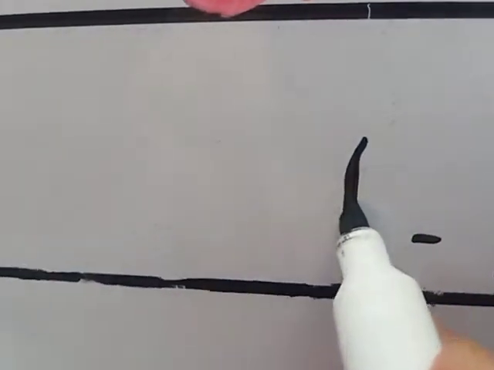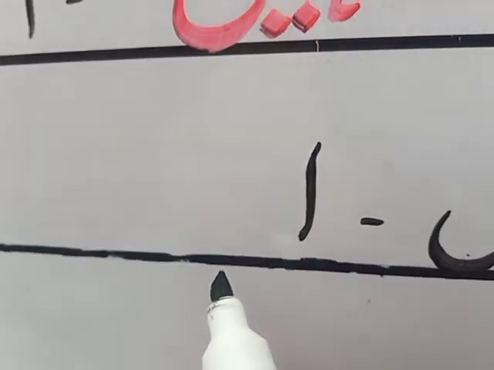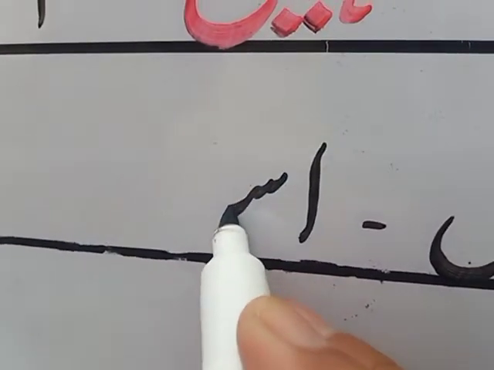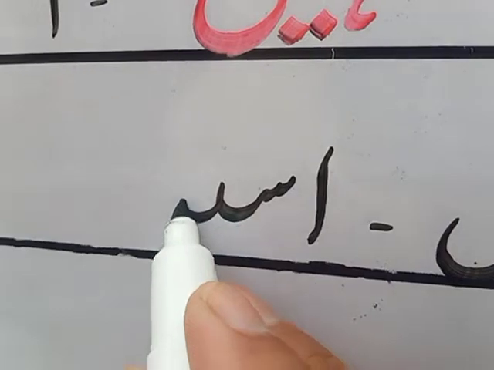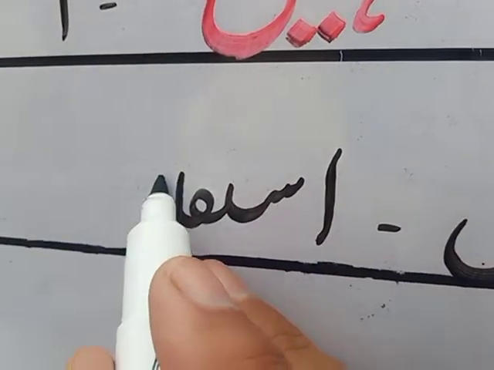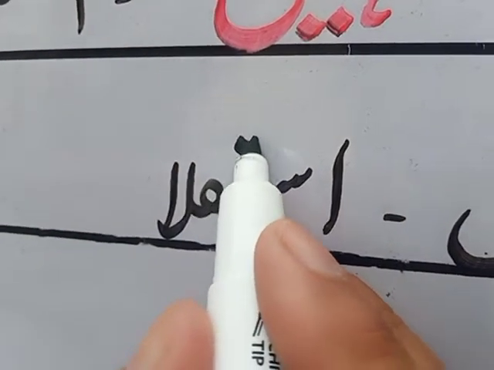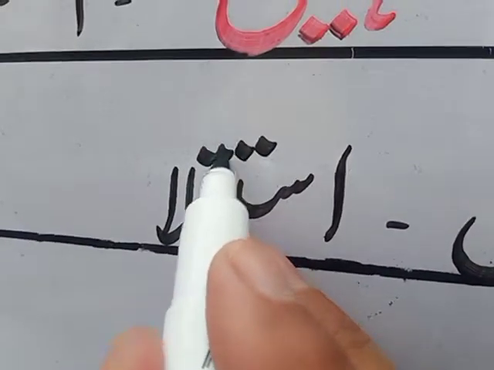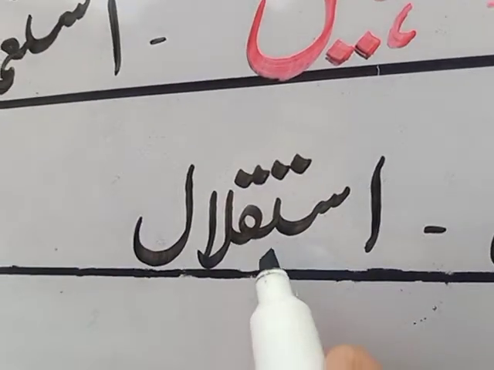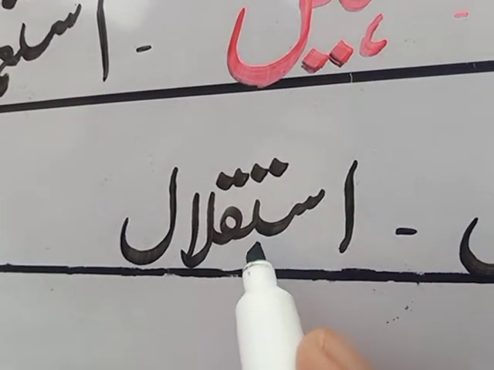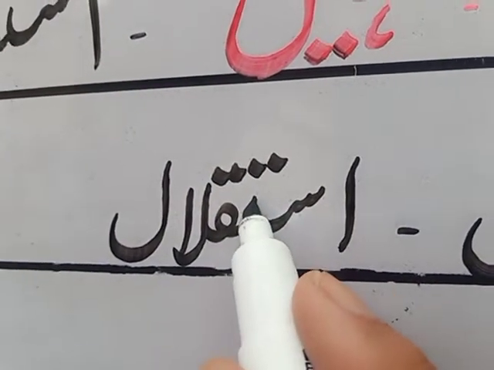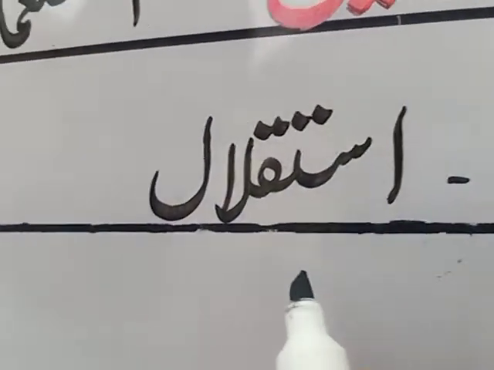Next word which is a little bit different, istiqlal. Difference between shosha and dandanas, you can see that this is shosha and these are dandanas.